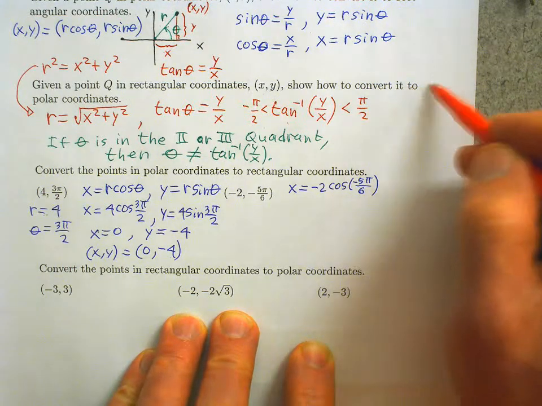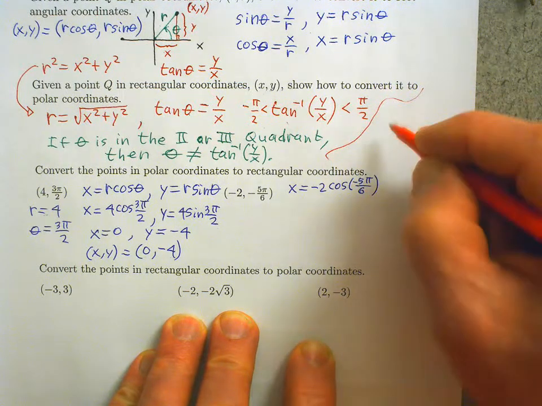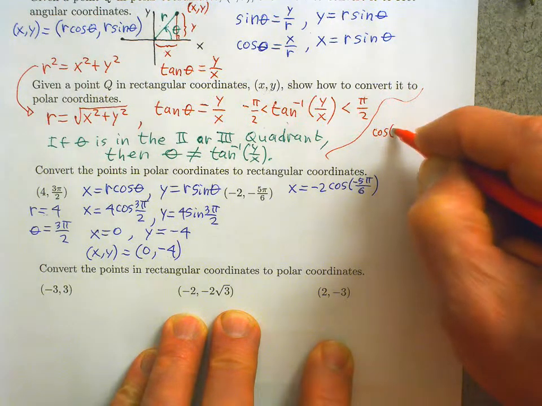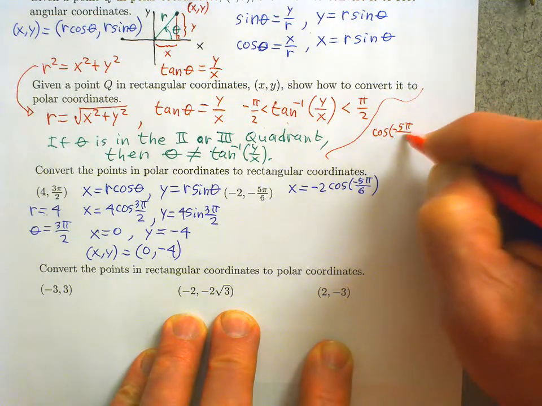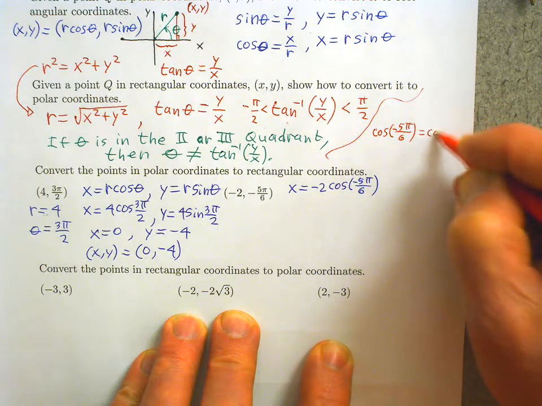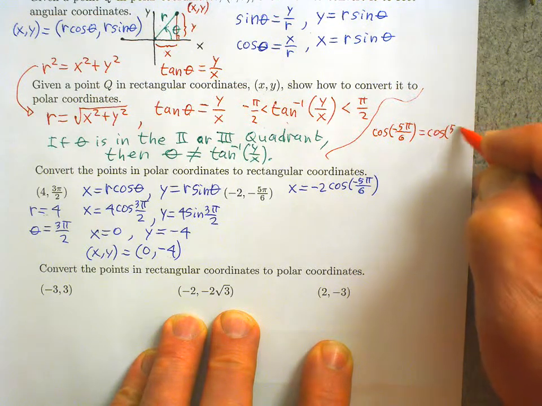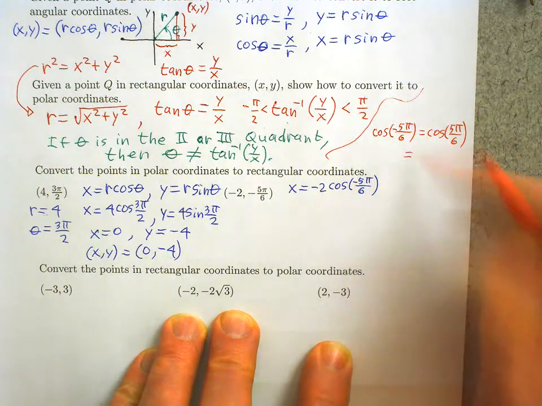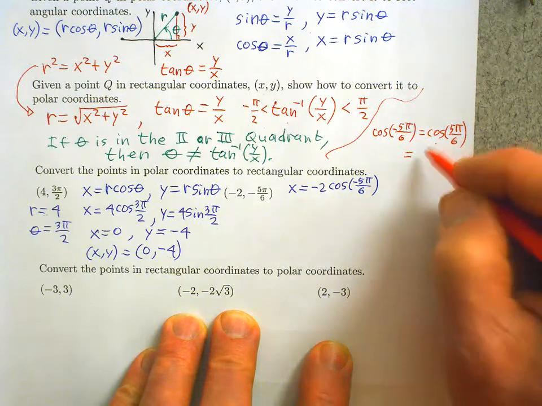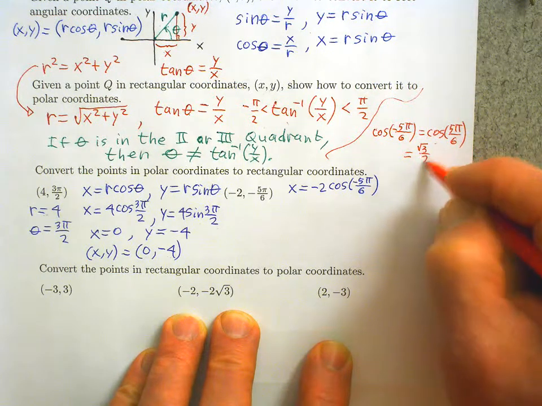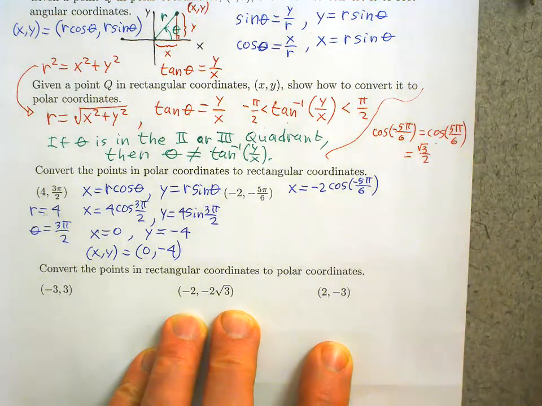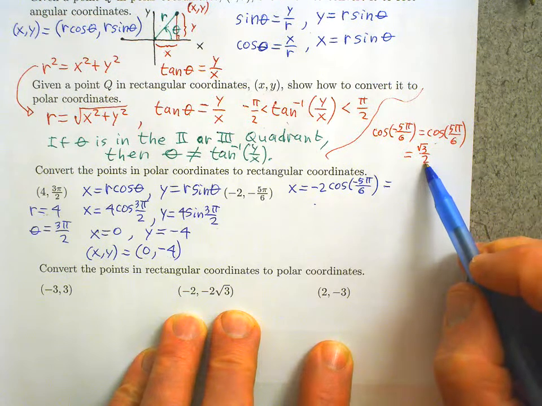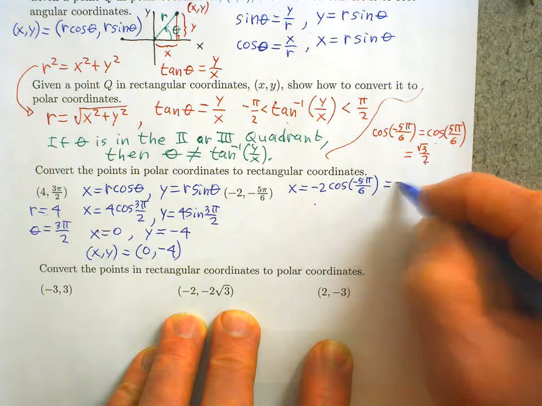I'll write a reminder for you up here. Cosine is an even function, so cosine of -5 pi over 6 is equal to cosine of +5 pi over 6. And cosine of 5 pi over 6 is the square root of 3 over 2. Okay, so the x-coordinate is -2 times the square root of 3 over 2, or negative square root of 3.